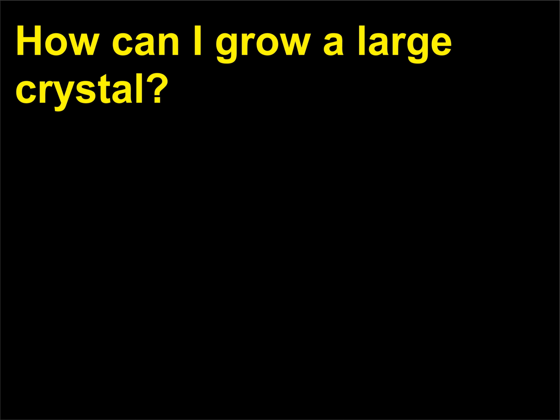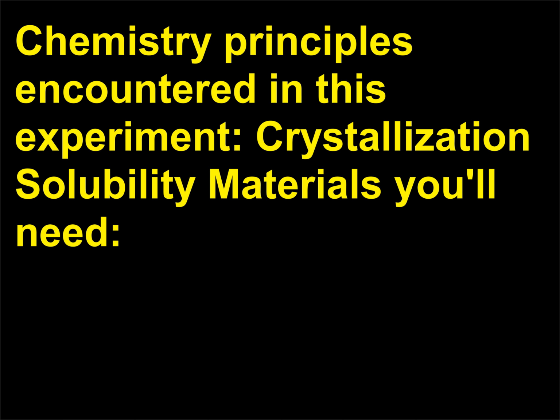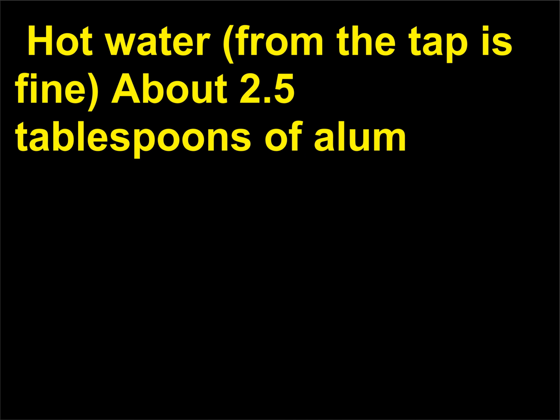How can I grow a large crystal? Chemistry principles encountered in this experiment: crystallization, solubility. Materials you'll need: hot water, from the tap is fine, about 2.5 tablespoons of alum.